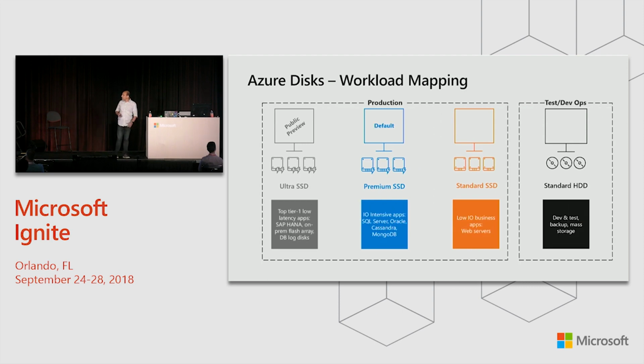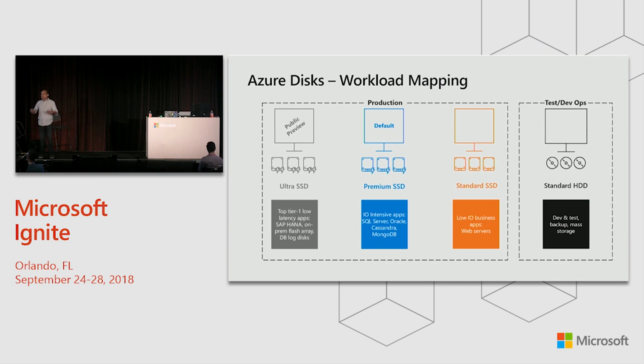Now that we know that, let's look at how that maps to typical workload scenarios. This is a generic mapping, general guidelines for mapping different types of workloads into the disk types. For ultra SSD, your most I/O intensive, largest, most mission critical workloads will map into ultra SSD.